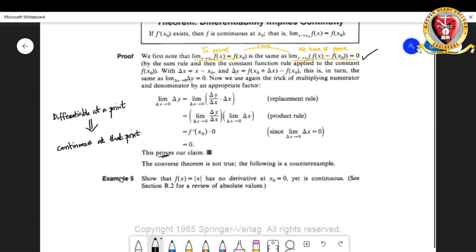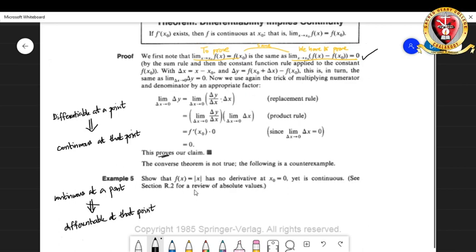Okay, so the next thing is that continuous at a point does not imply differentiable at that point. So that is the next example.